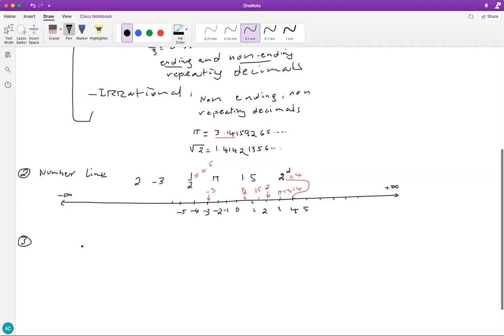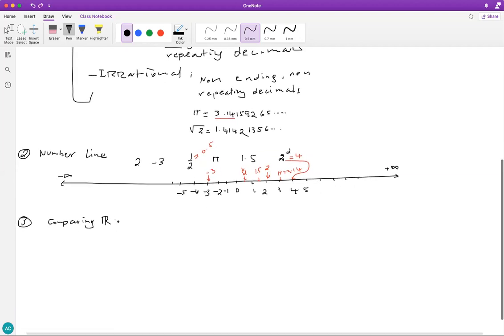So let's say you want to compare in real numbers, I don't know, 3 and 2.